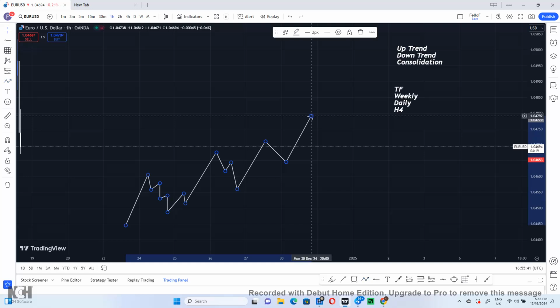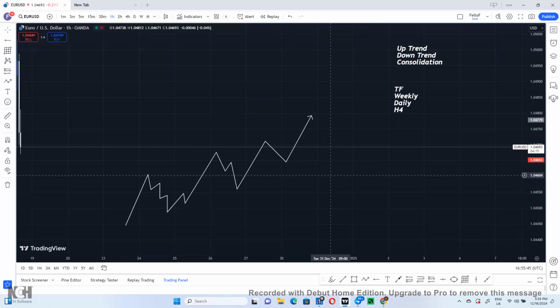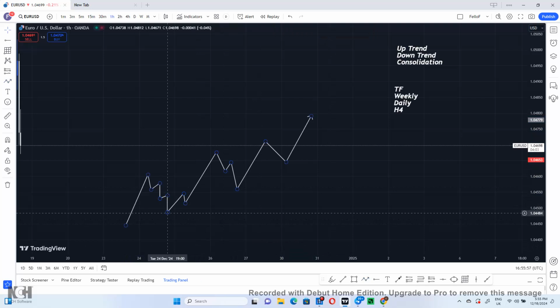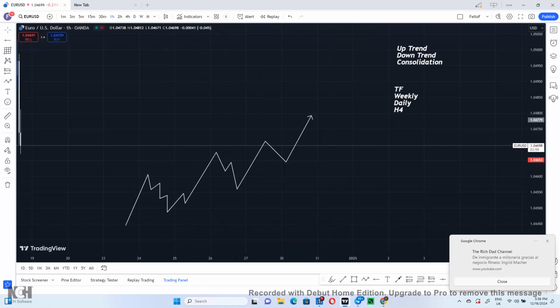So what trend is this? Normally, this is an uptrend. But now, looking at this, we realize that there was a little downtrend down here inside this uptrend. There was a downtrend around here within this uptrend.